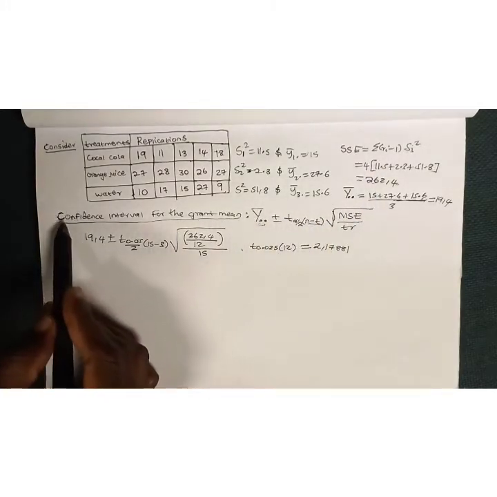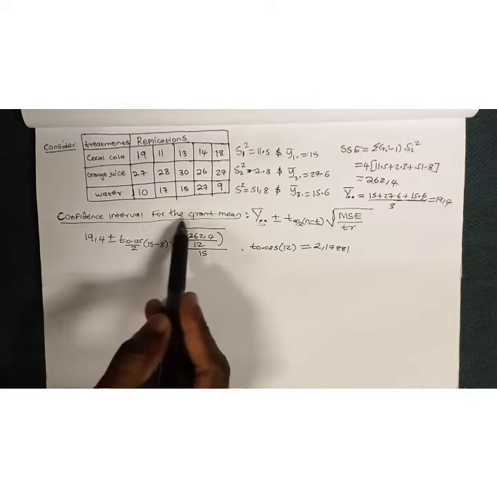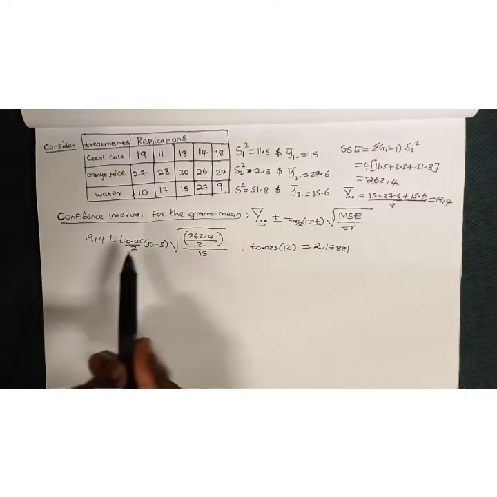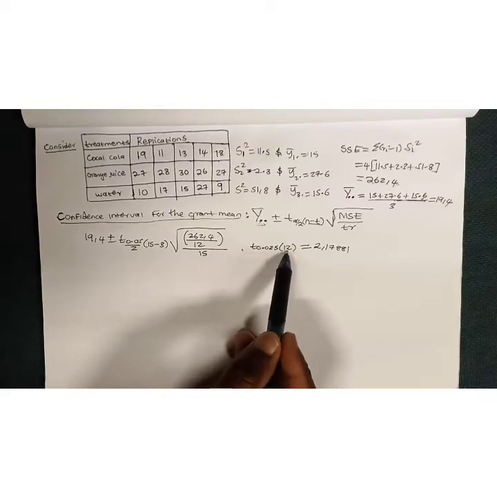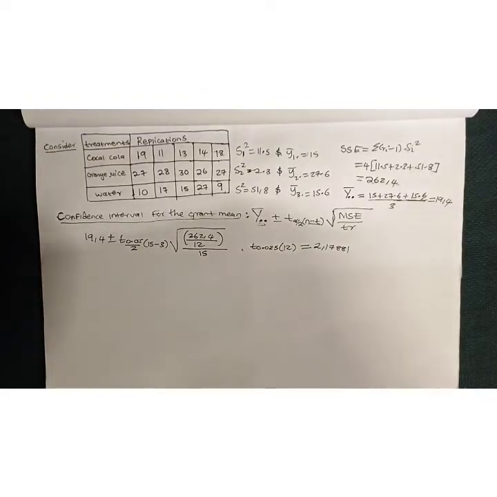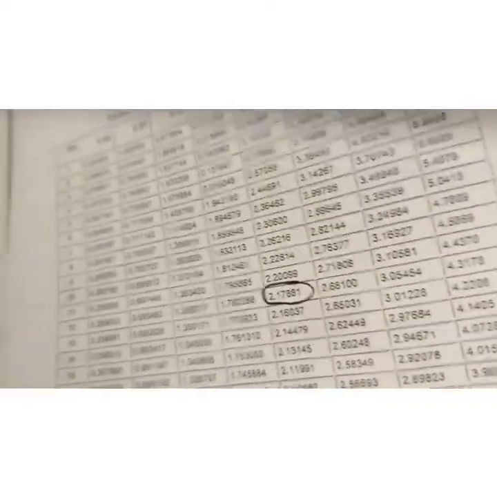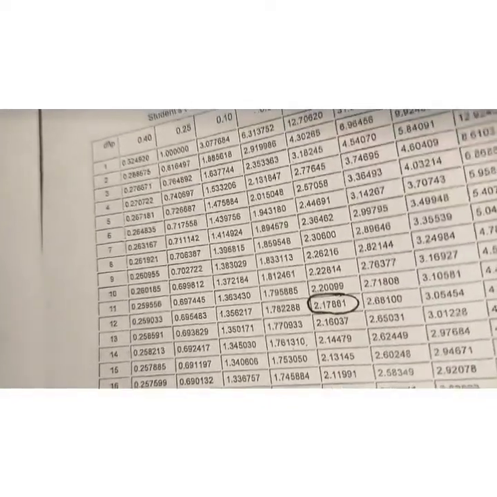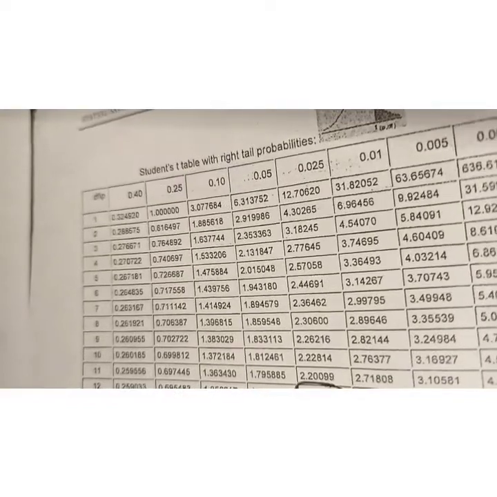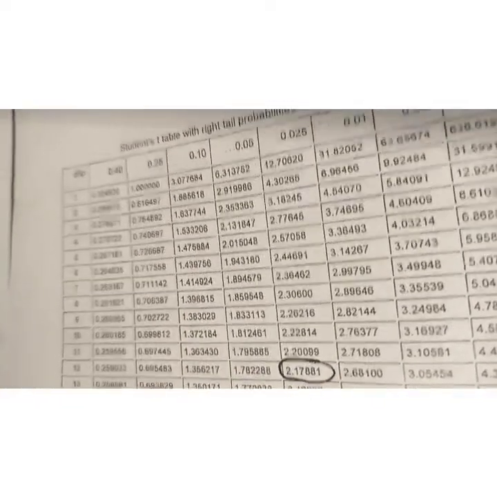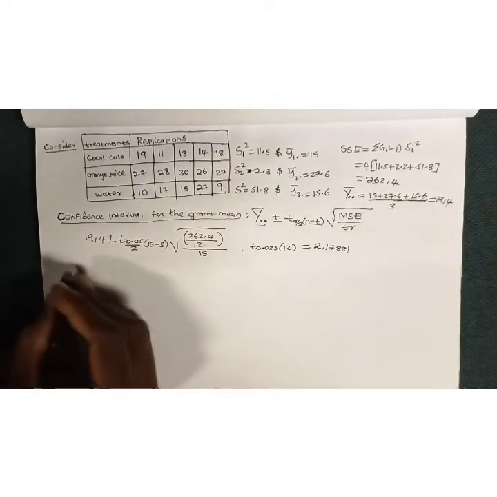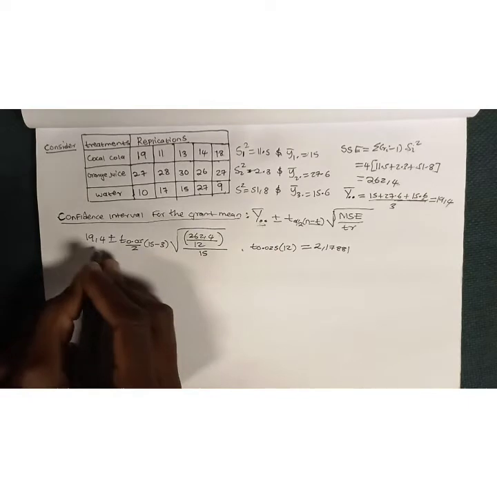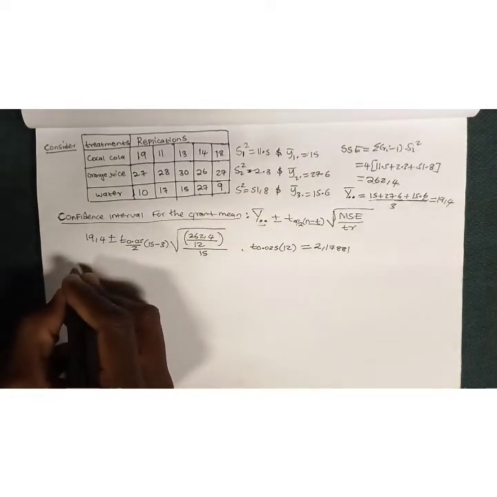Since we are about to construct the confidence interval for the grand mean, we're going to look for our t of 0.025 with the degrees of freedom of the error of 12, which as you can see is this value here. Now we can find our grand mean confidence interval.